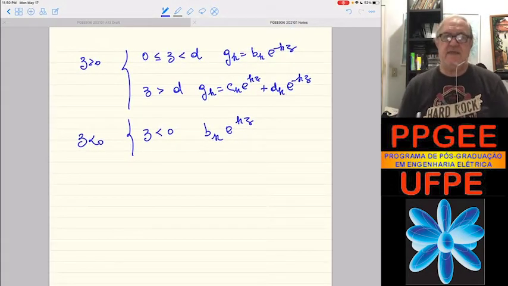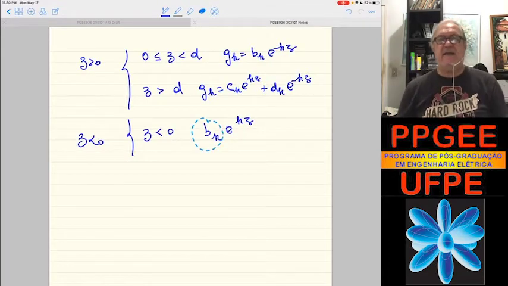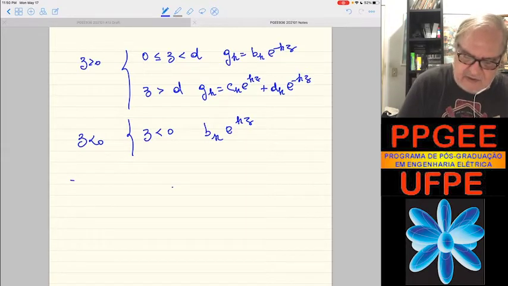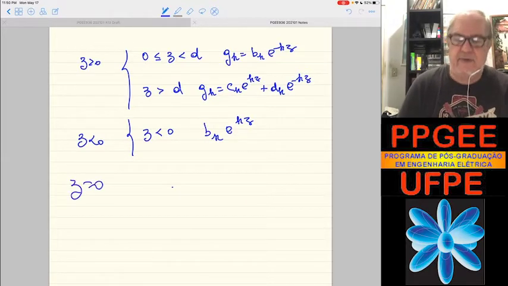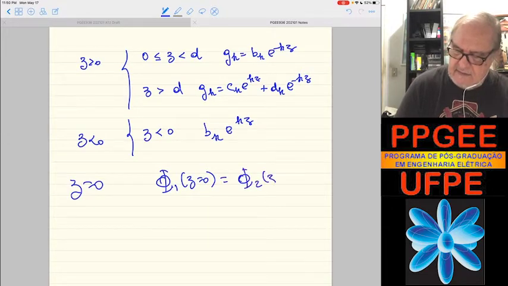So how many constants do we have to solve the problem? We have 1 constant, 2, 3, and 4. How many equations do we have? Right? Well, at z equals 0, we have continuity of the potential, 1 equation, right?